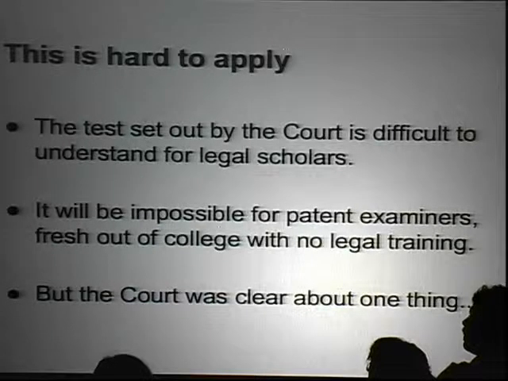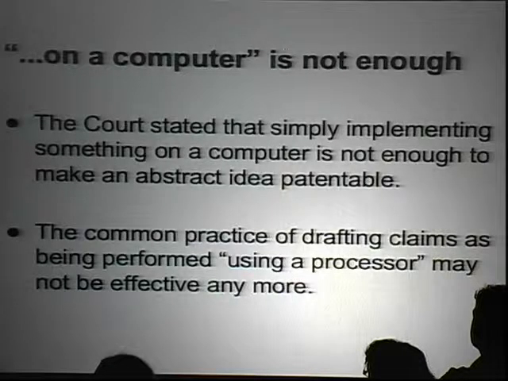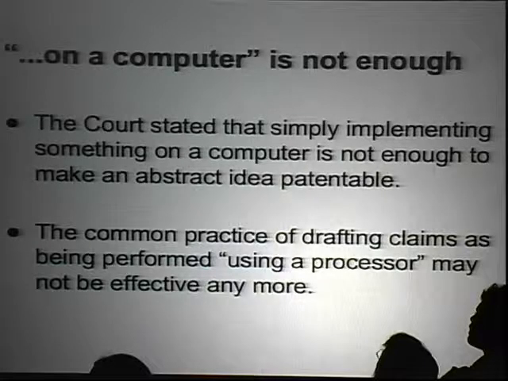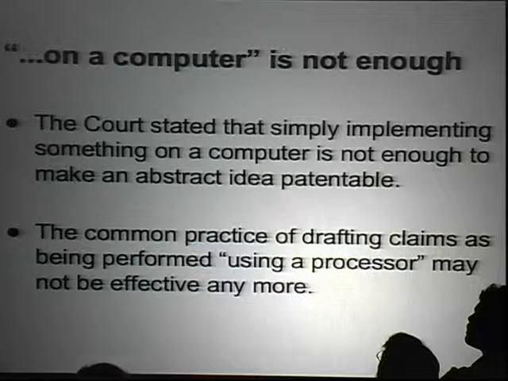But the court was clear at least about one thing. Saying that it's on a computer is not enough. They said this very explicitly. You can't just have an abstract idea and hang a computer on it. And you can't just take an abstract process and then say, go do it. There has to be something more there. And the reason the court wanted to do this is to avoid what it called the draftsman's art.